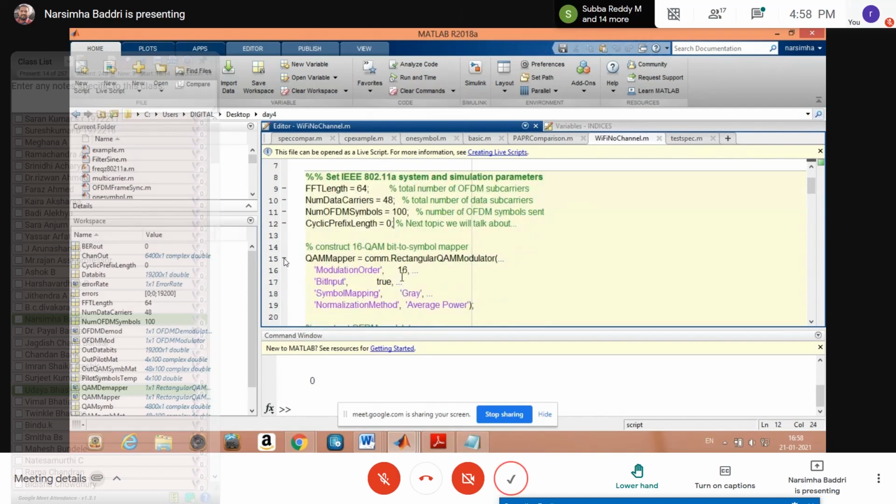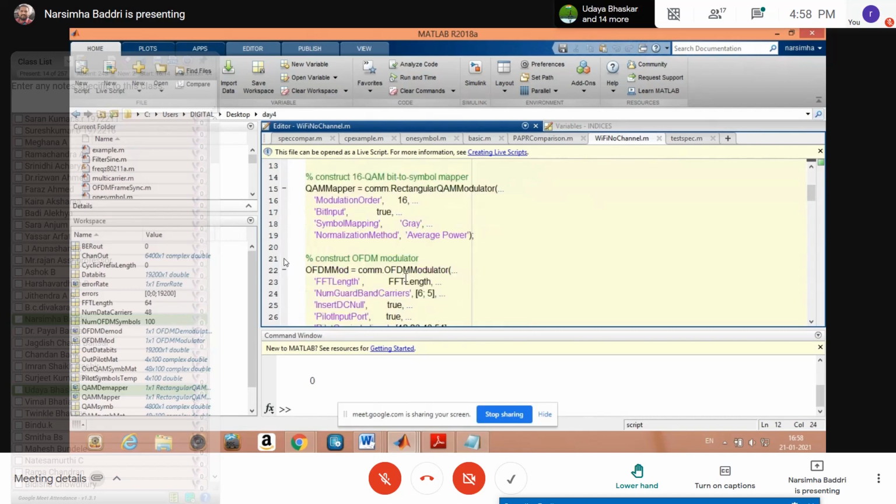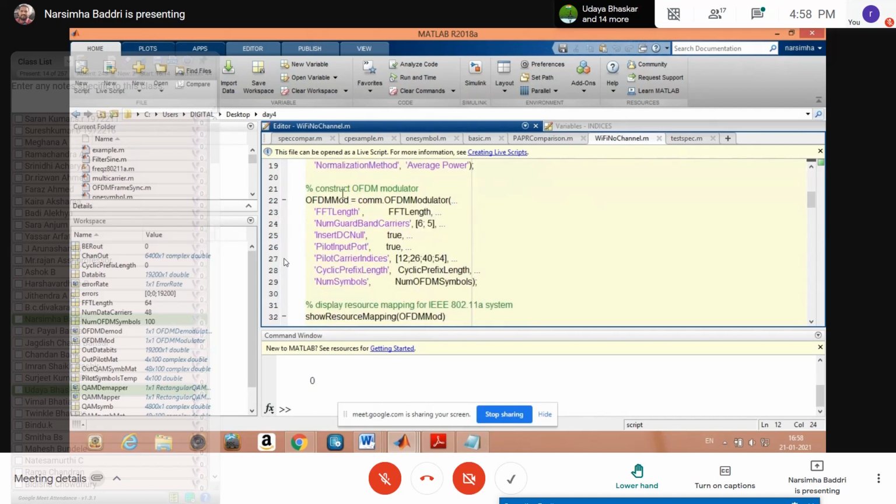See here, FFT length is 64, number of data carriers is 48, and number of OFDM symbols is 100, the same result which I have shown earlier. And you can also mention the cyclic prefix length here. Here you can also see the OFDM modulator block is already there, where you can define the FFT length, number of guard band carriers and their locations.